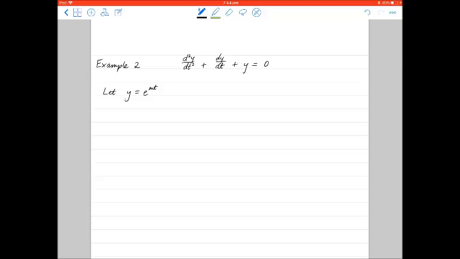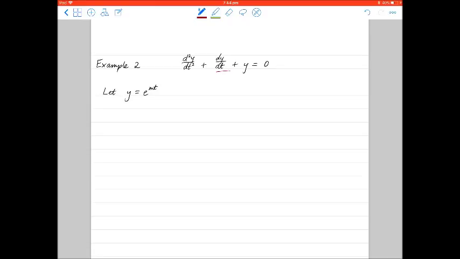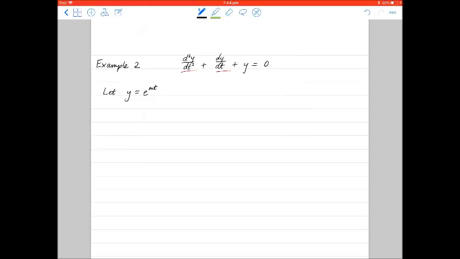To do that I need to find the first derivative and the second derivative of y. So dy/dt is just m e^(mt), and the second derivative of y with respect to t is m² e^(mt).